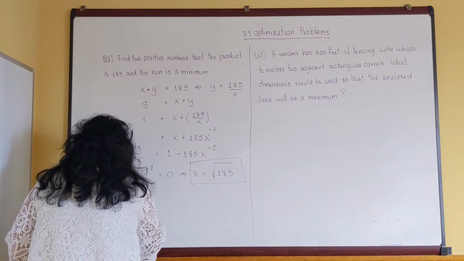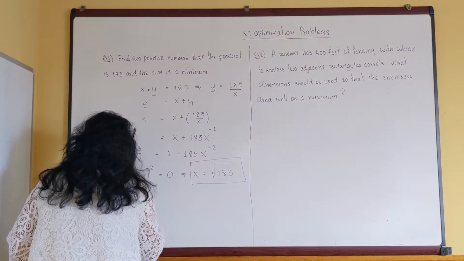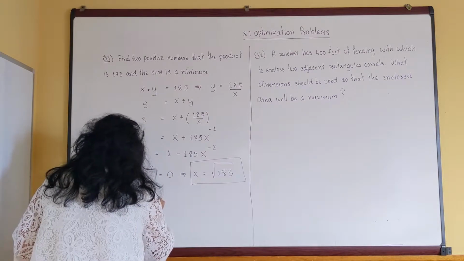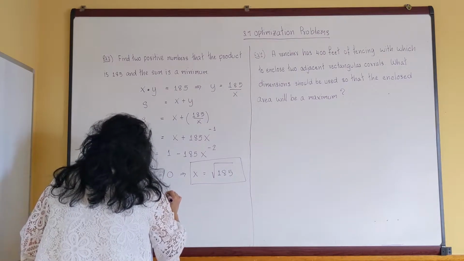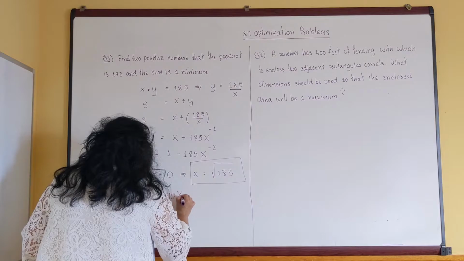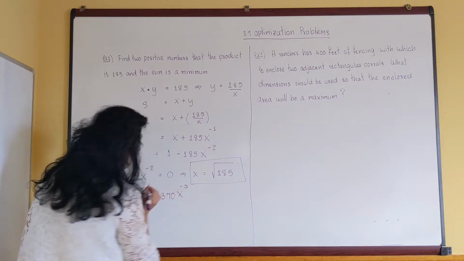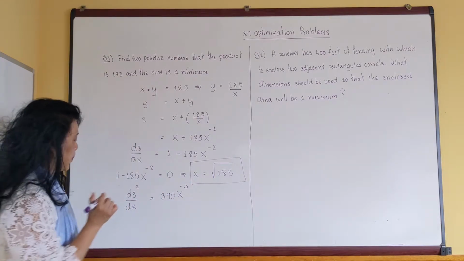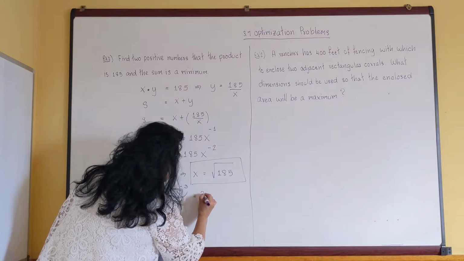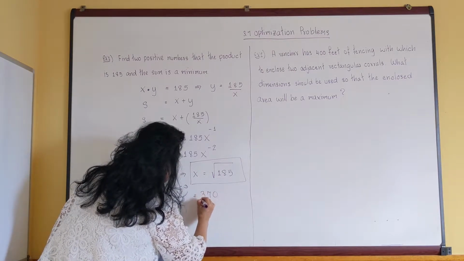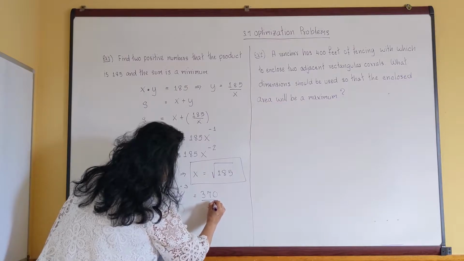Taking the second derivative, I'm going to have 370 x to the negative 3, or 370 over x cubed.